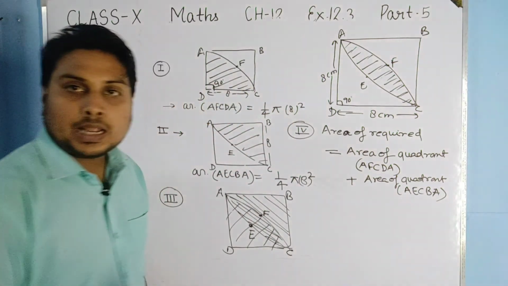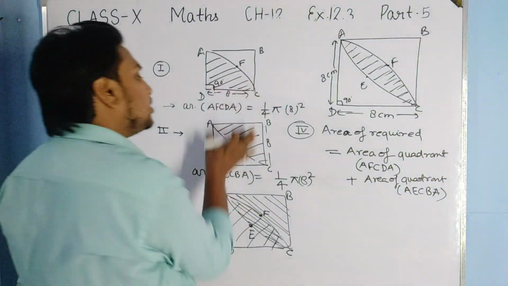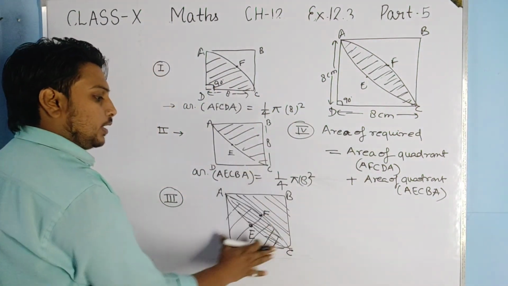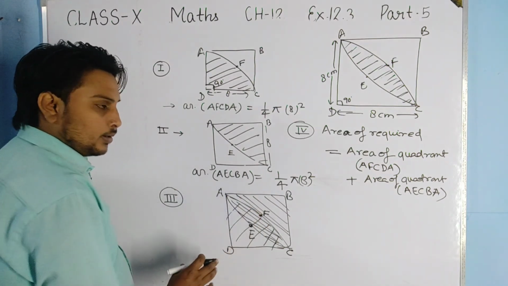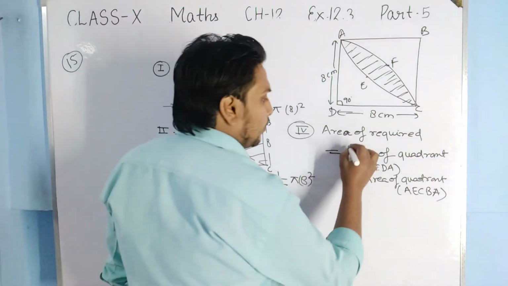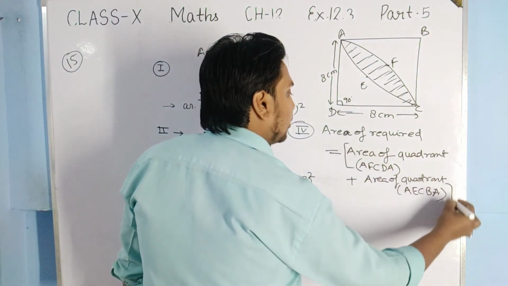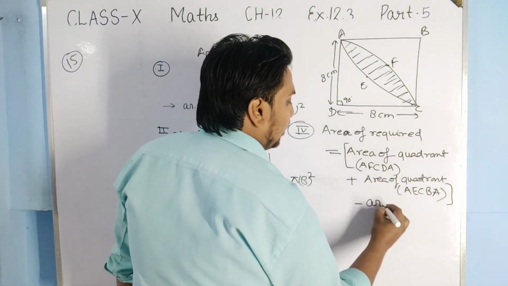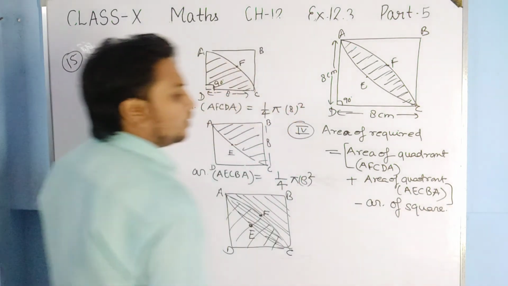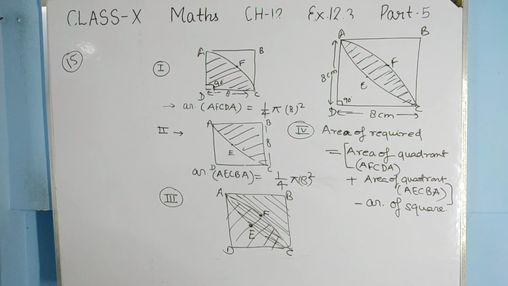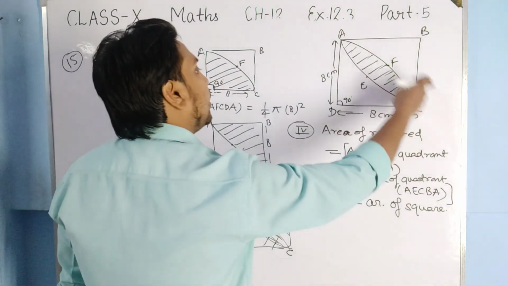When we add the areas of these two quadrants, we get a figure like this. And if we subtract from this addition the area of the square, which region is left? The region which is required.